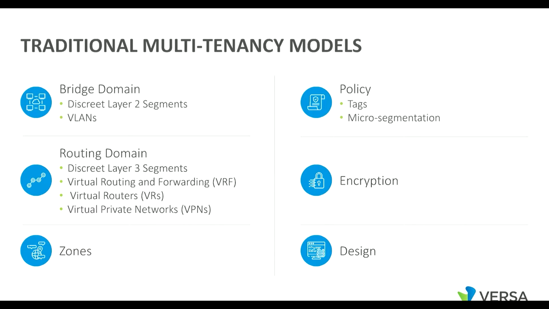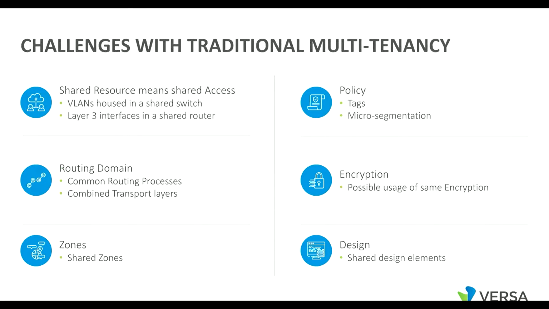But all of these have an inherent problem when it comes to working with this traditional way. And most of it can be boiled down to shared resource or shared access.